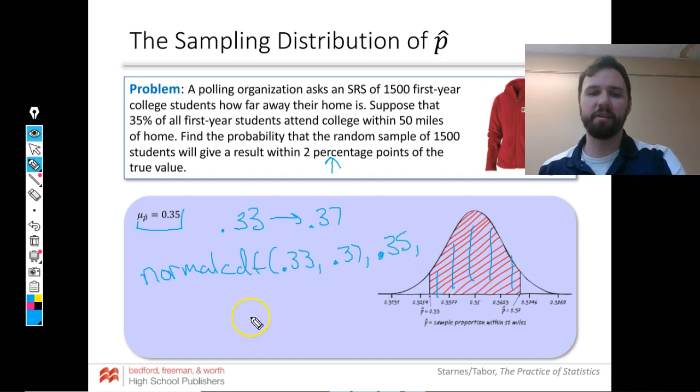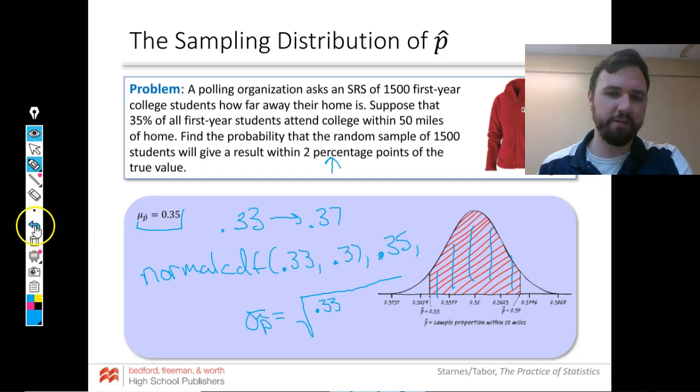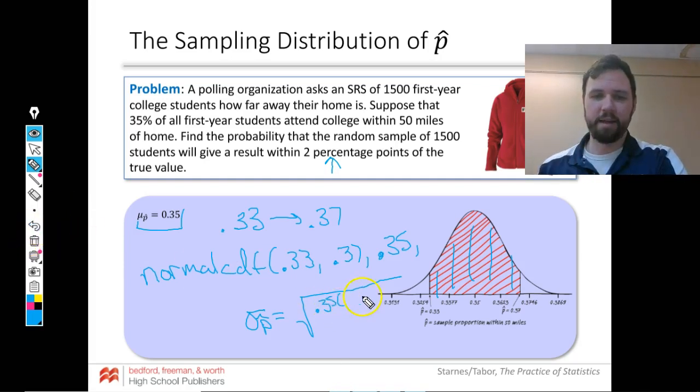So I have to find my standard deviation first. So I'm going to do square root of p, that's 0.35, times 1 minus p, all over my n, right?